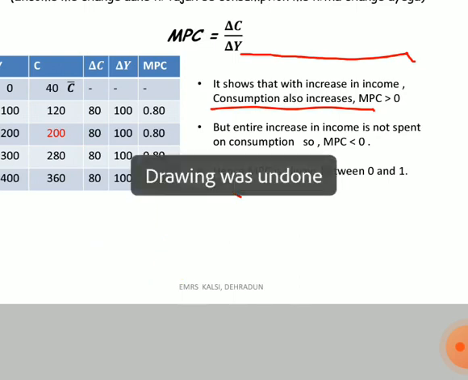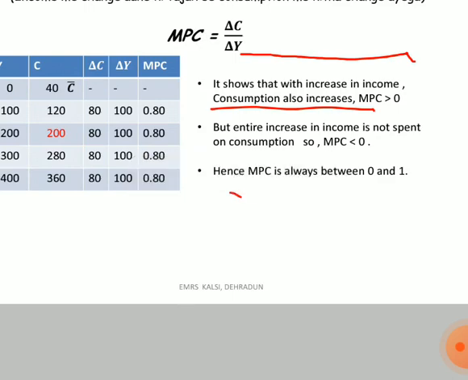MPC can be 1, but MPC cannot be greater than 1. We have to keep this in mind. Earlier, APC can be greater than 1, but MPC cannot be greater than 1.